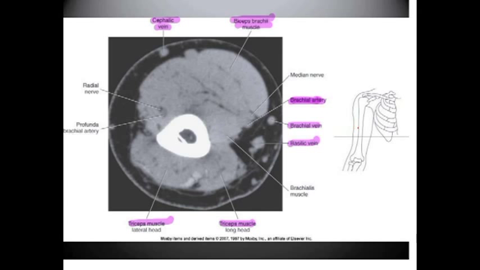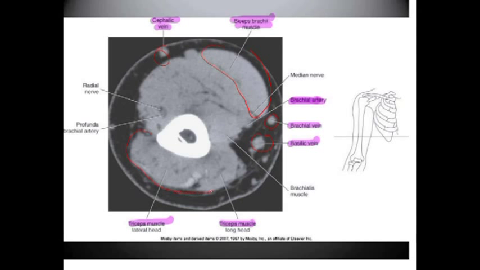As you can see now, we're slightly more distal than about mid-shaft. And we can see that we have the biceps brachii muscle, the brachial vein, the basilic vein, cephalic vein.